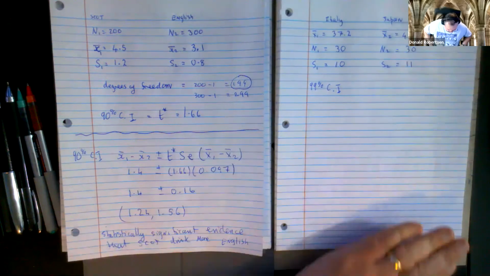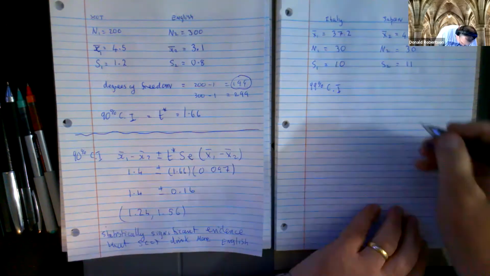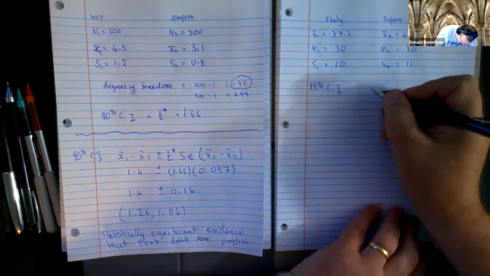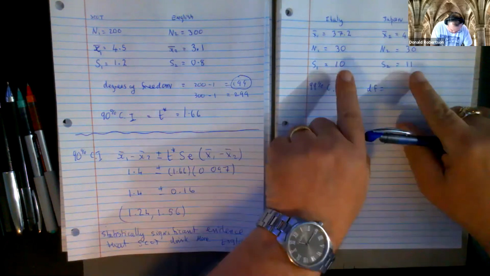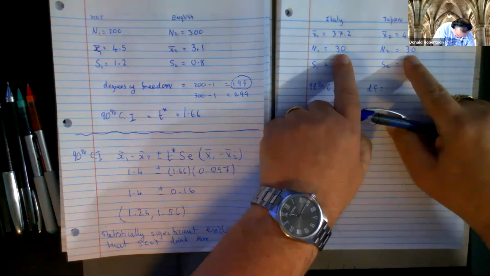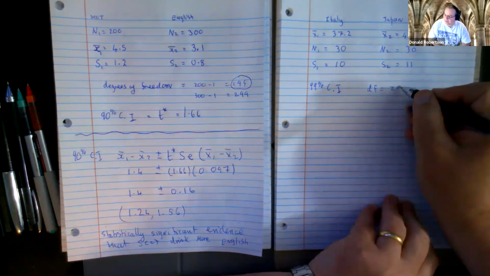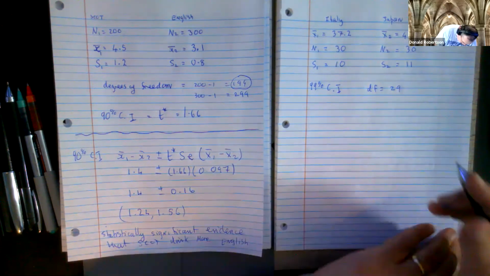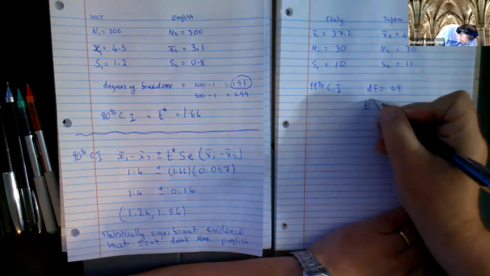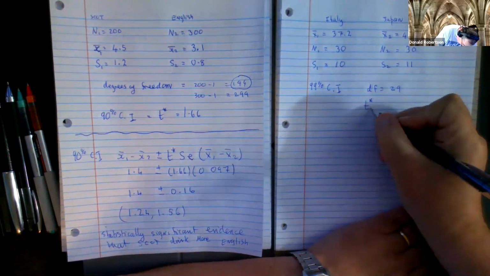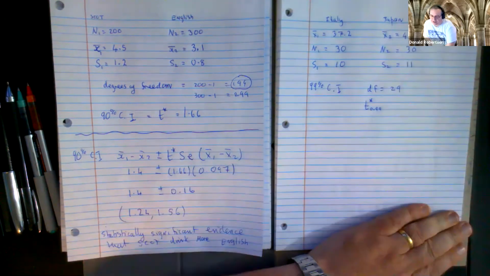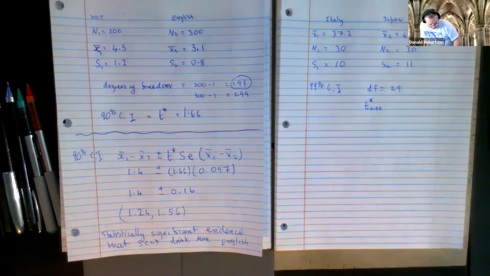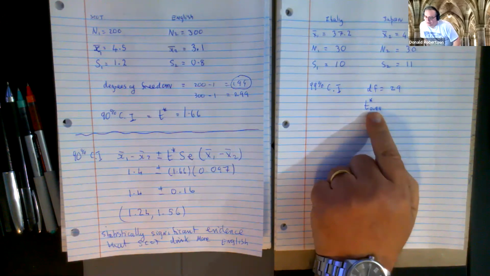So I'm going to see what kind of things I need to know. Well, I certainly need to know the degrees of freedom. Would you agree that the degrees of freedom is 29, since both are the same size? I need to know what the magic t-score is. By the way, in some textbooks they put a little decimal next to the asterisk so that you know that this is a 99% one.